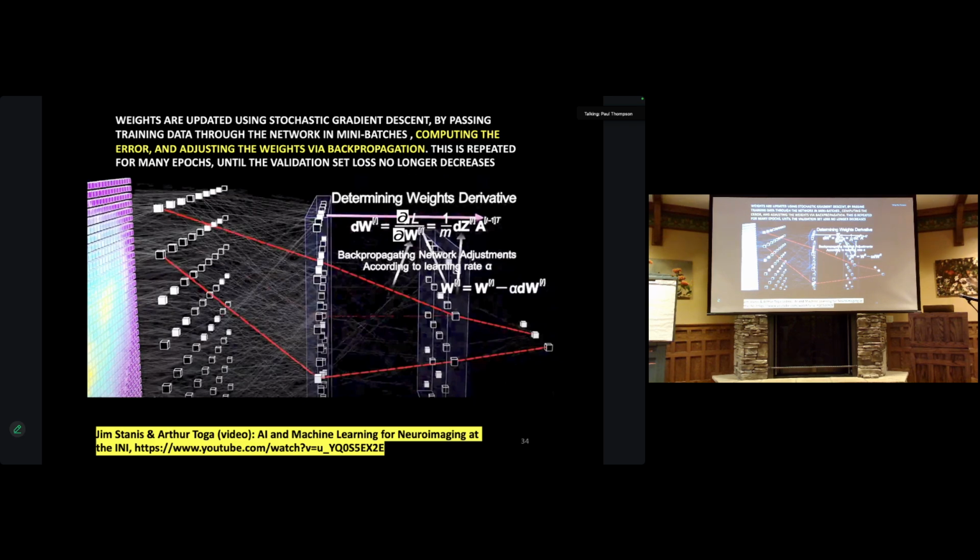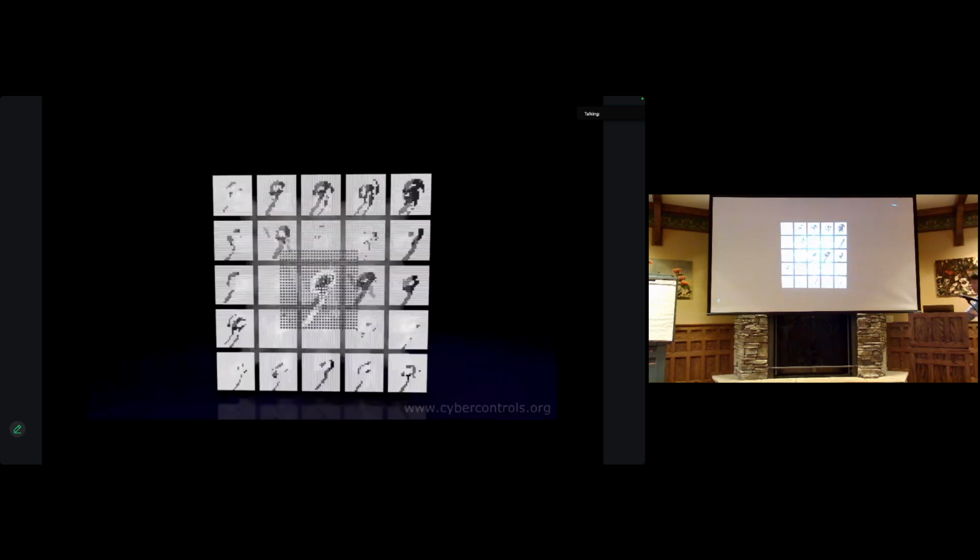An epoch is one transit of the training data through the neural network, until the validation set loss, which is a separate set of data you set aside, how badly it's doing, no longer decreases. And then you freeze it. And you say, I've trained my neural net, let other people test it on their own data. And this is kind of fun.